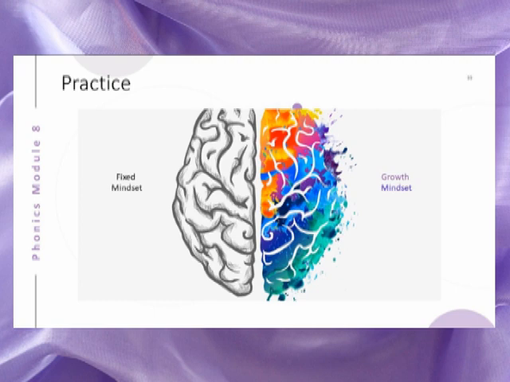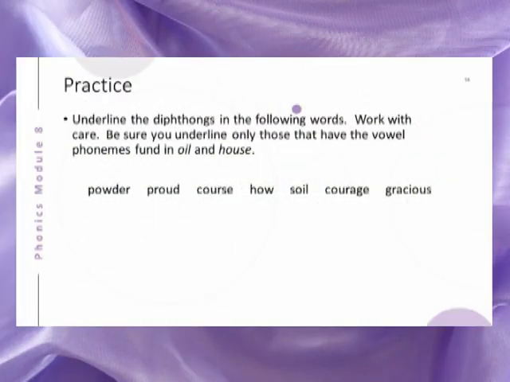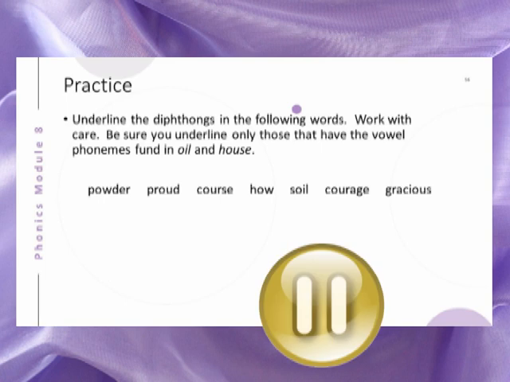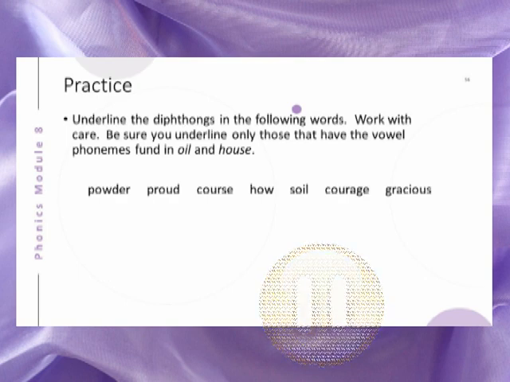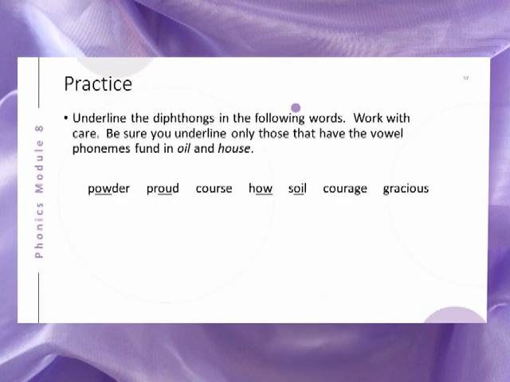Let's practice and use your growth mindset to put it all together. Underline the diphthongs in the following words. Work with care. Be sure you underline only those words that have the vowel phonemes found in oil and house. Here are the correct answers.